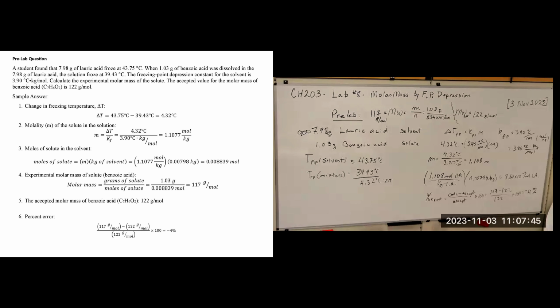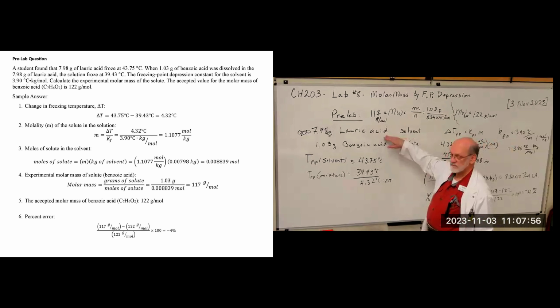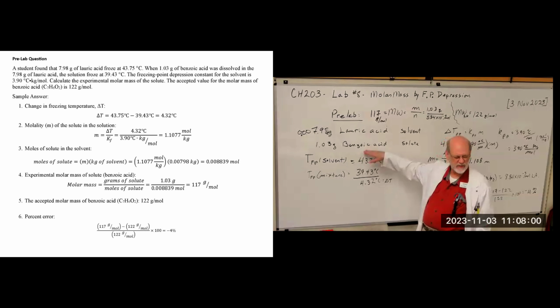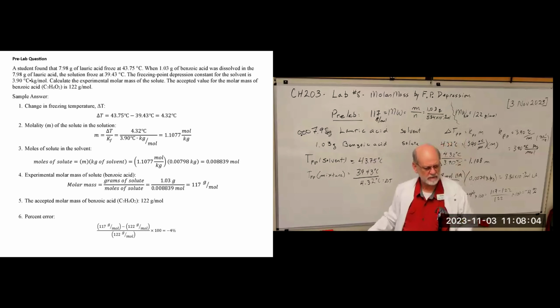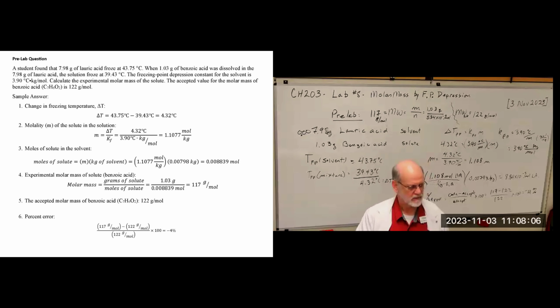Okay. Is everybody okay with that? Because that's what you're going to do with the data you get today. You're going to measure the freezing point of your lauric acid, certain mass. Then you're going to put a certain amount of benzoic acid in it and measure it again. So how do we measure the freezing point of something like this?